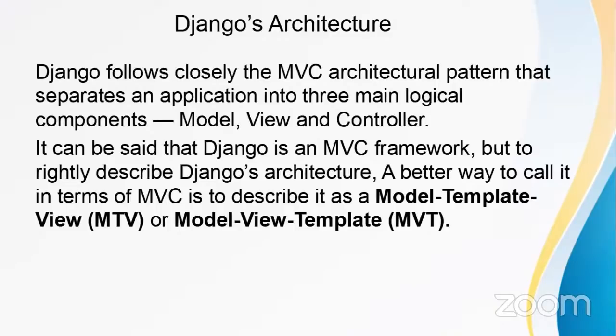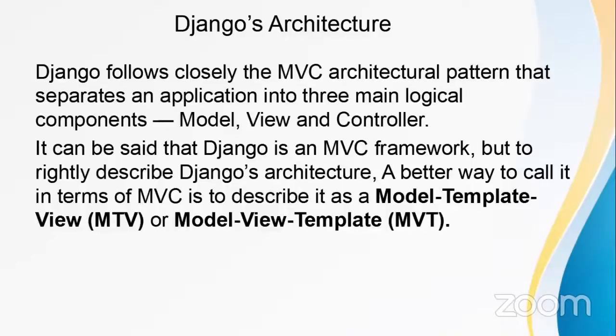The same abstraction, that is what Django does. But technically, while it is an MVC framework, I don't think that if Django had a mouth to speak, it would tell us it wants to be called an MVC architecture. Rather, it wants to be called something like a model view template architecture, or an MTV or an MVT. So either model template view or model view template.